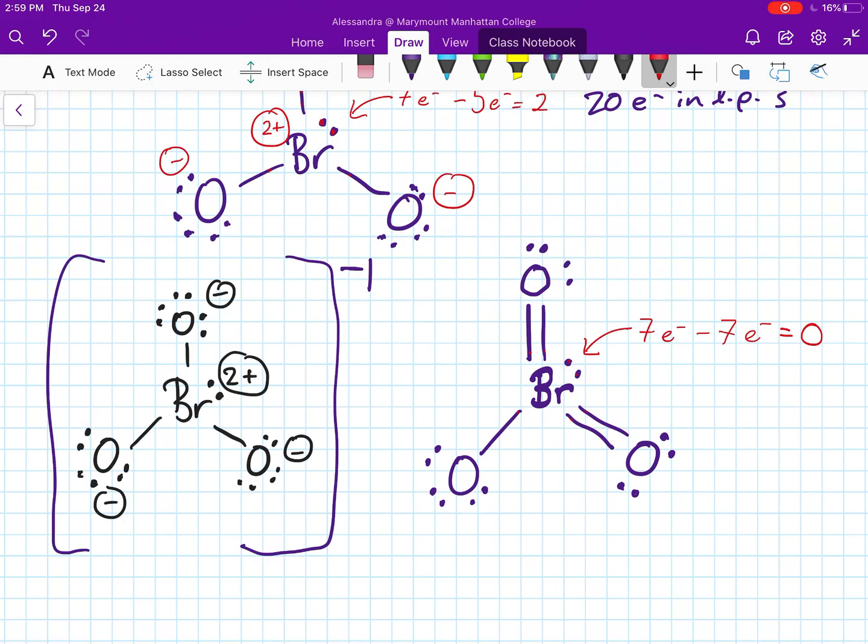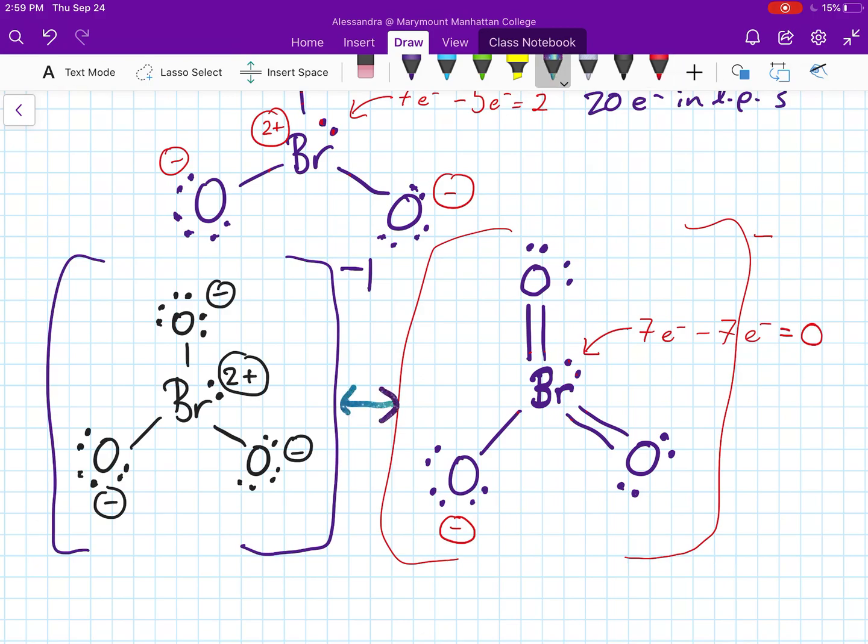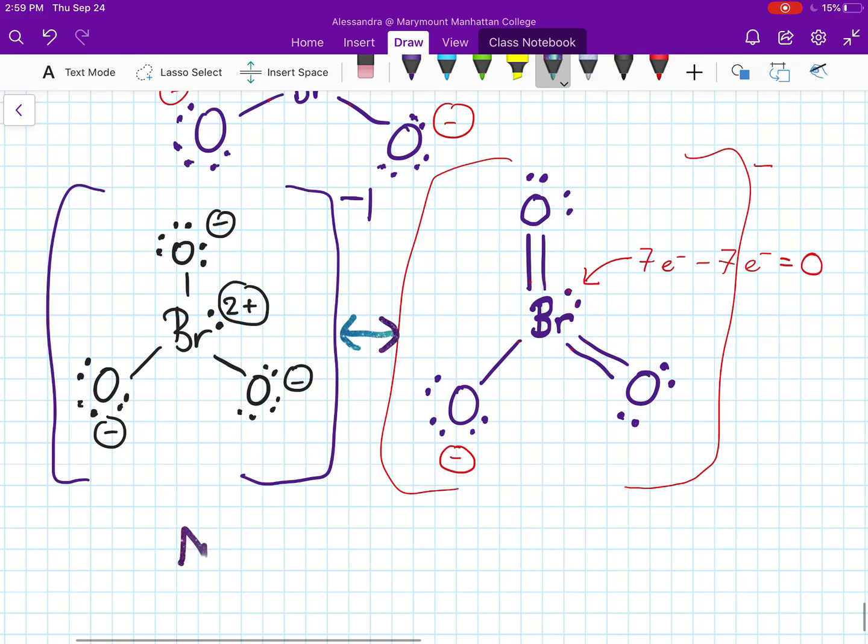I wanted to reduce that formal charge to 0. Now the only atom that has a formal charge here is going to be this oxygen. So if I look at this structure, the negative charge on bromate comes from the negative formal charge on the oxygen. So these are both resonance structures.